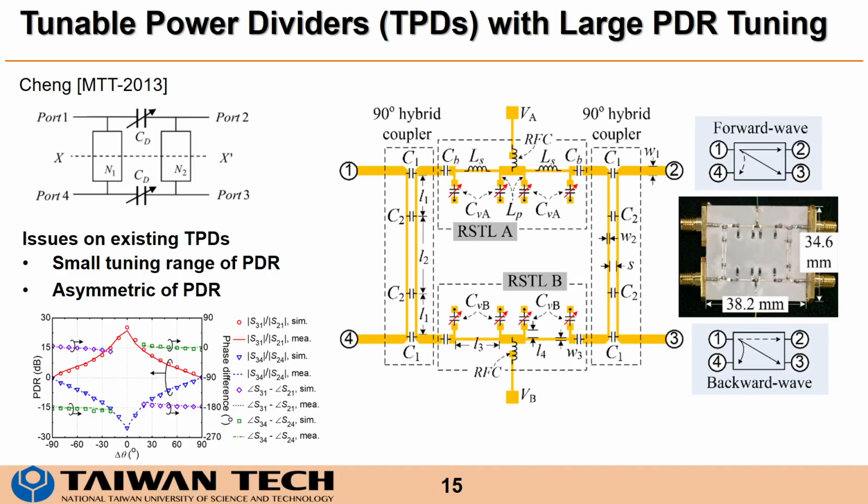The two issues existing in the tuning power divider are the small tuning range of PDR, and also when we tune the PDR, the phase of the output of the tuning power divider also changes. This will cause severe damage to your system.